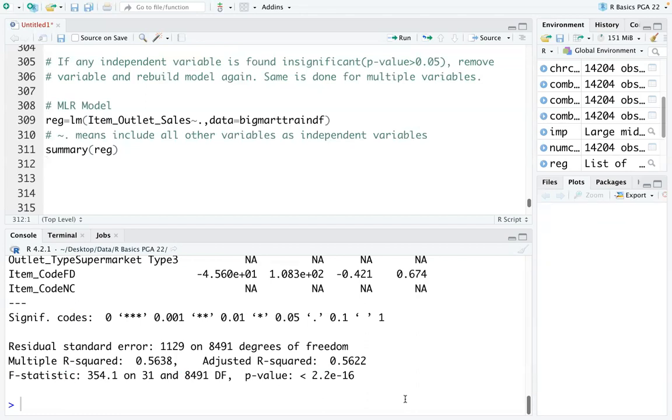All of you got the output? Now, if you see the output in the console, you can see here adjusted R square.